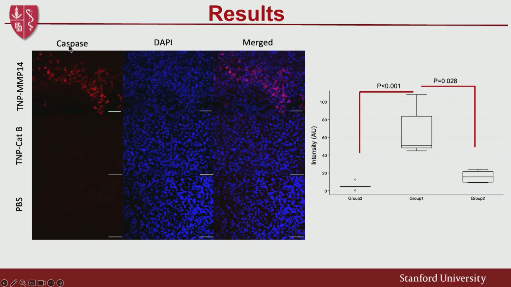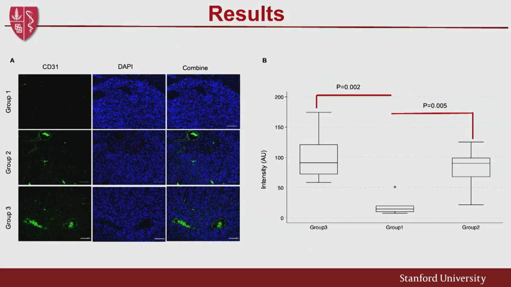And for confirming that the therapeutic drugs are more effective in the combination or monotherapy groups, we did caspase staining, which is a marker for cell death, and we see higher expression of caspase in the combination group therapy, which means we have enhanced cell death in the combination group therapy. We had reduction of the fluorescence intensity in the staining of CD31, which is a marker for endothelium cells.